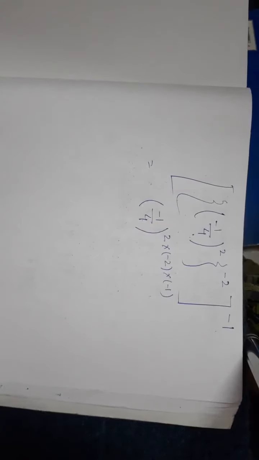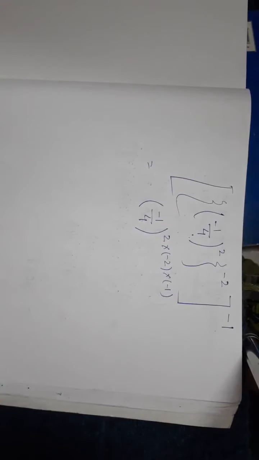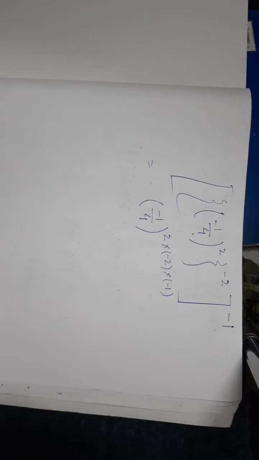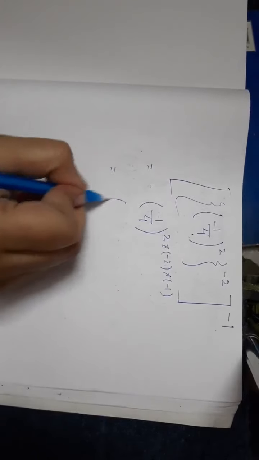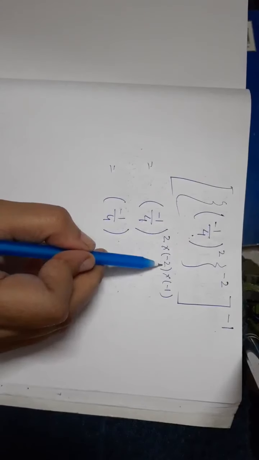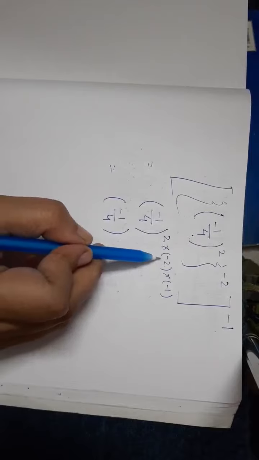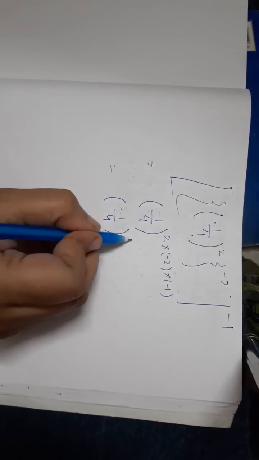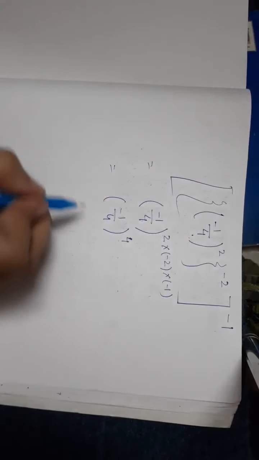As we have seen, if this type of formation is there, we just have to multiply the powers. So we are multiplying the powers here also. So we get minus 1 by 4 raised to the power 2 into 2 is 4, I mean minus 4 is coming here, minus 4 into minus 1, only 4.